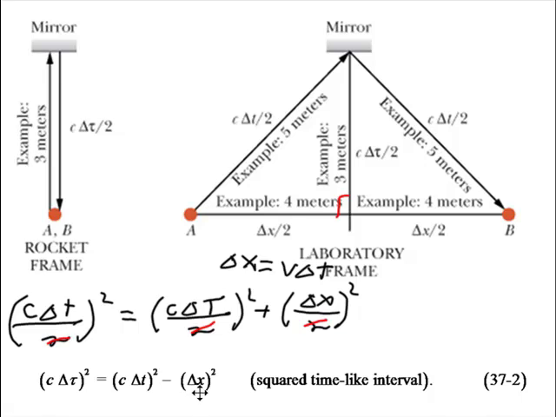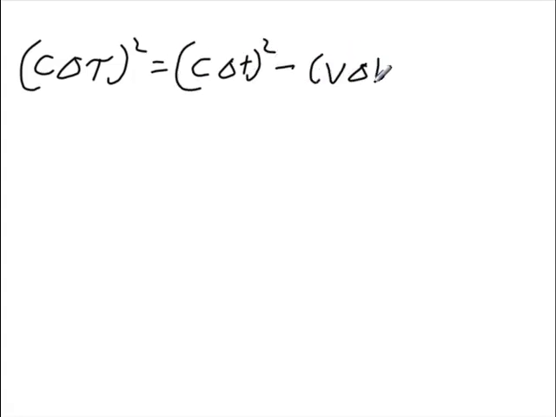It's sometimes useful to take this delta x and write it as v times delta t. In that case, my equation says that c delta tau squared equals c delta t squared minus v delta t squared.